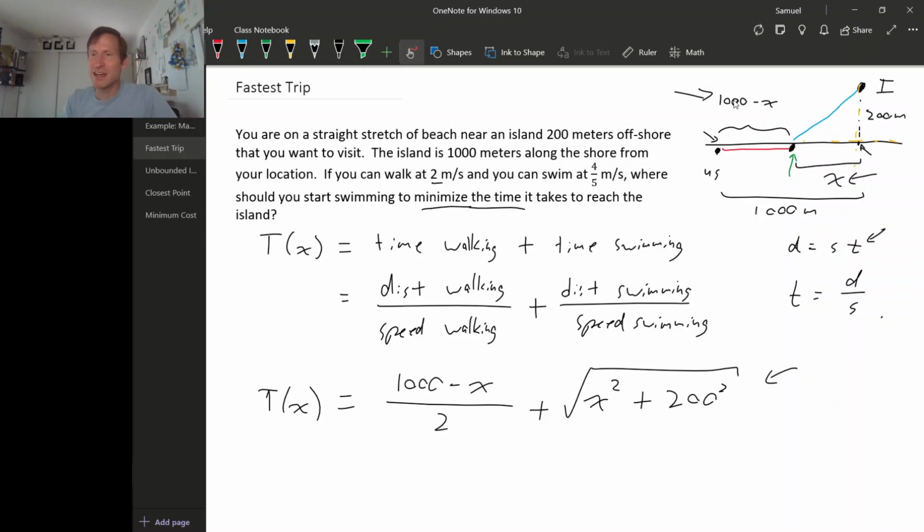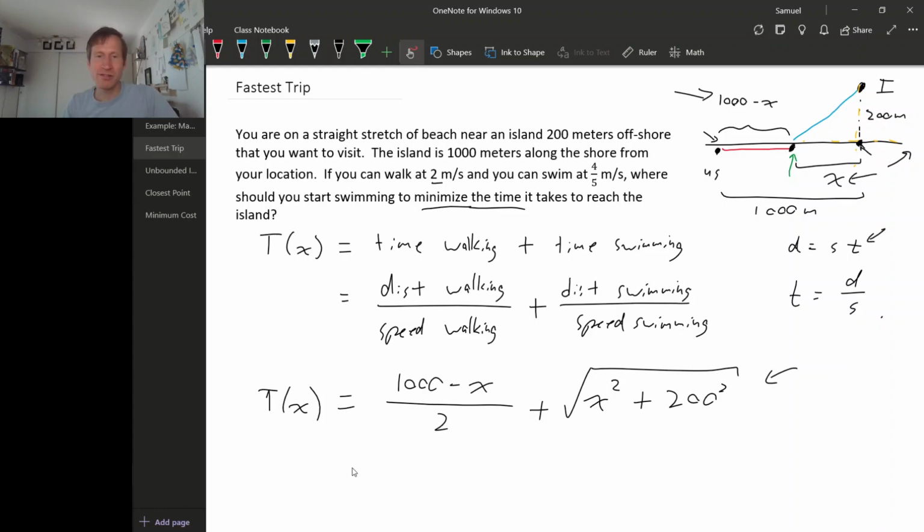If you look at the diagram, x can't be less than 0, because if x is less than 0, then that means we're going to get in the water over here somewhere, but why would we pass by the nearest point to the island? That doesn't make any sense.